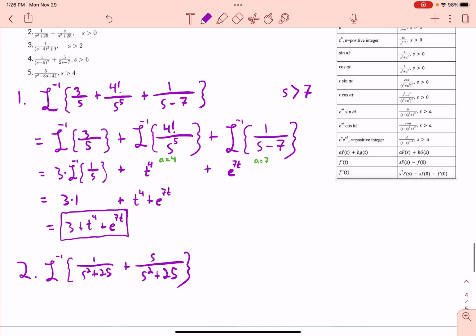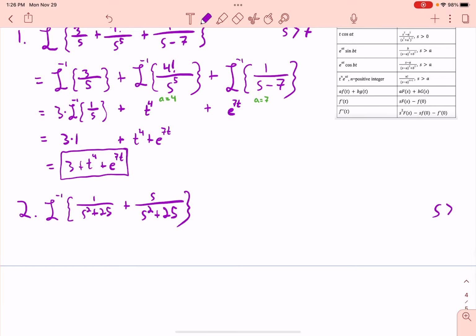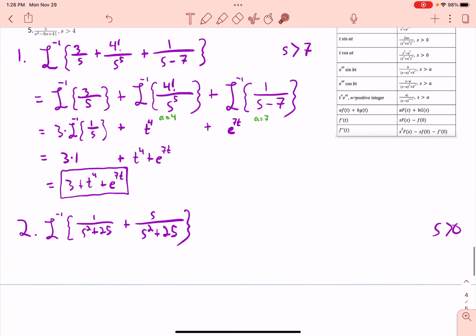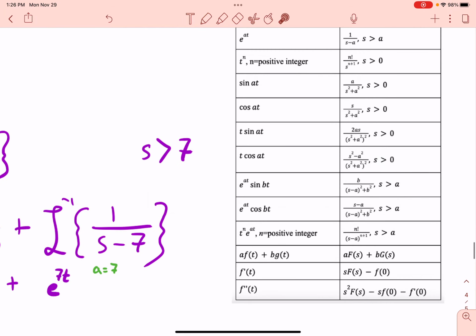And in this case, s is bigger than 0. Now, when we go ahead and look at our functions, we're looking for, on the bottom, s squared plus a number, and then on the top, one of them has just a number on the top, 1, and one of them has a variable, an s, on the top. So let's go ahead and see what we can find here.